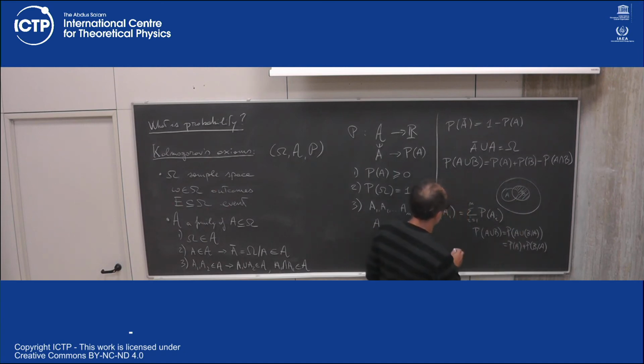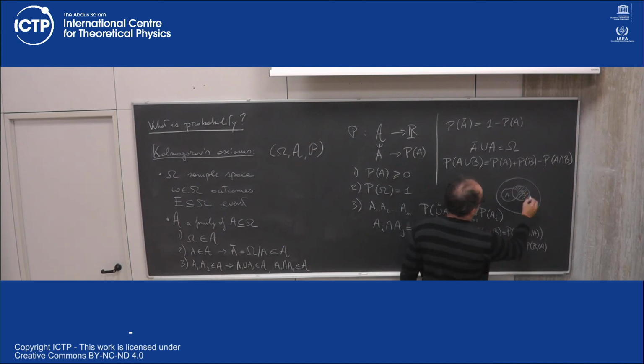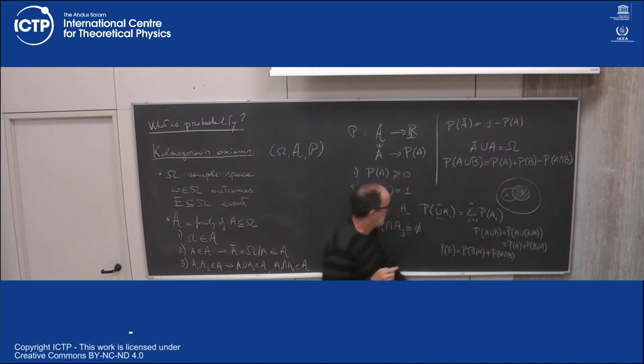And the probability of B can be written as the probability of B but not A plus the probability of the intersection. Okay, so the probability of B is the probability of B but not A plus the probability of the intersection, which is this one. If you combine these two, you get this result.